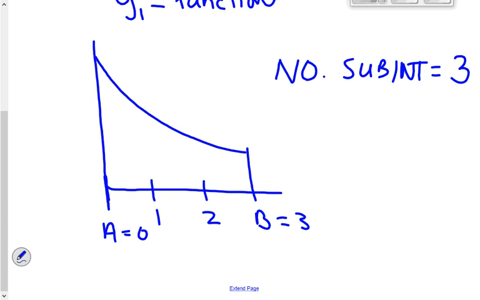So let's look at what would happen if we drew, for instance, the rectangles with the left side meeting the curve. Okay, so this would be my first rectangle, right? I'm going to have 3 of them, so each one of them is going to be 1 unit wide, but it's got to touch the left edge. My second one is going to look like this, and my third one is going to look like that.